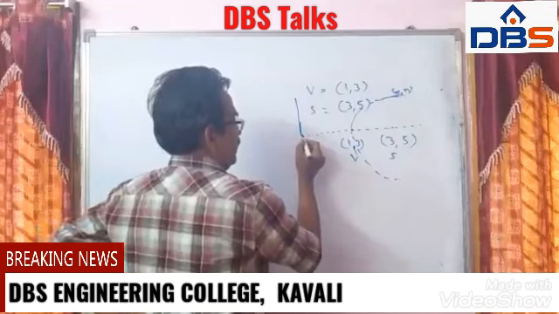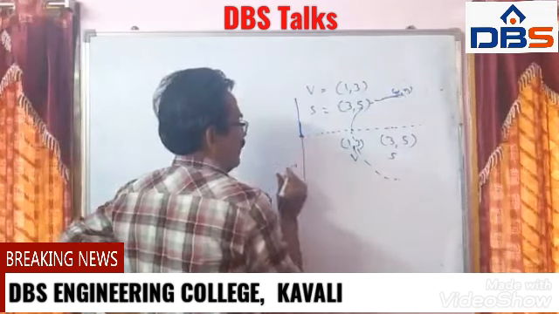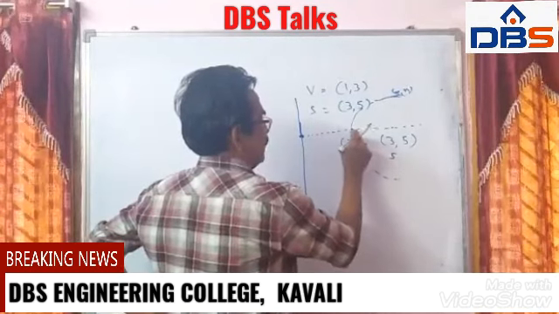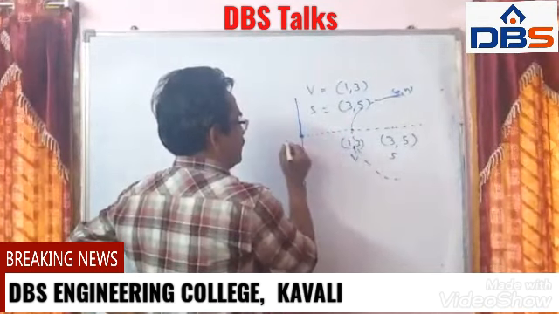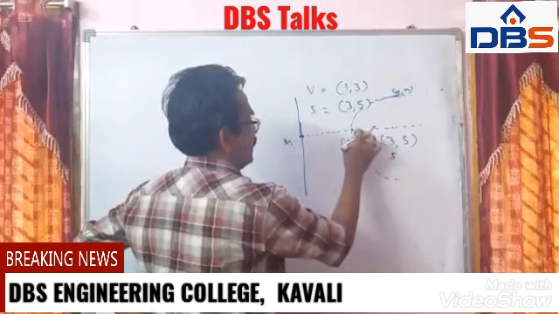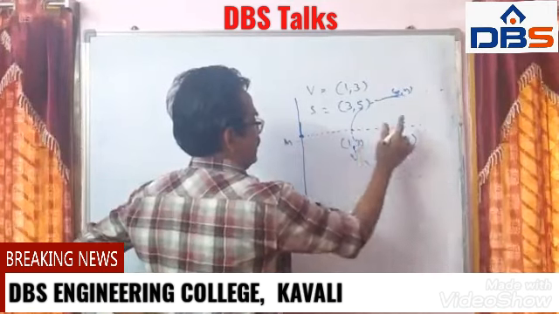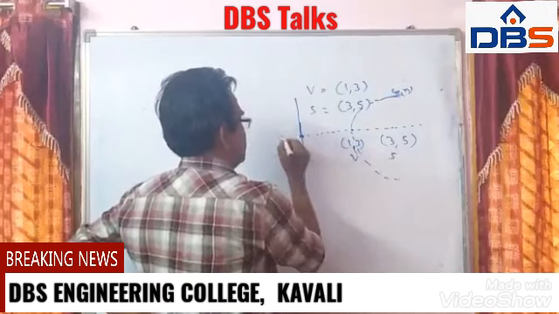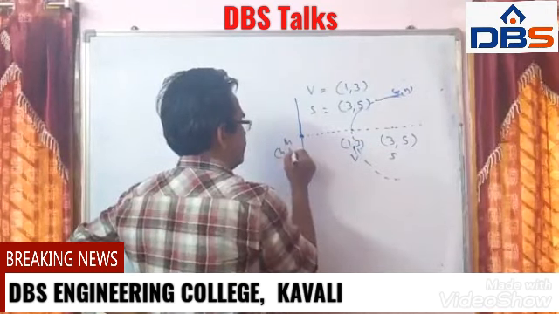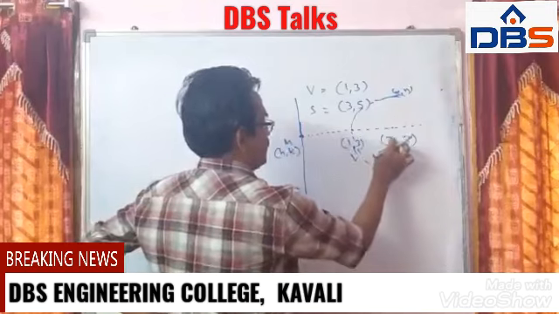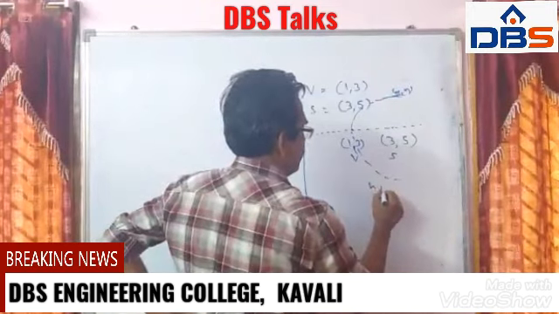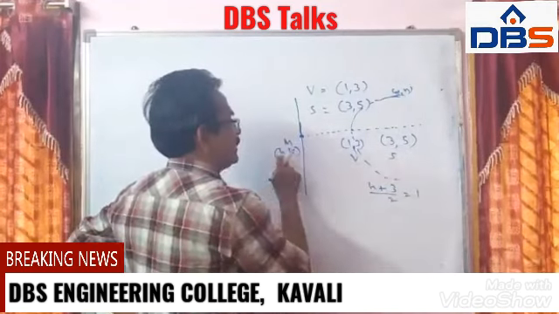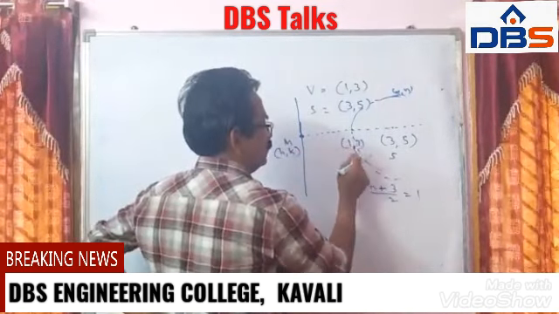We know this point, friends. We can find this point because the vertex is the midpoint of this and this. The vertex is the midpoint of the two points. Say it is (h, k). (h plus 3)/2 is equal to 1.